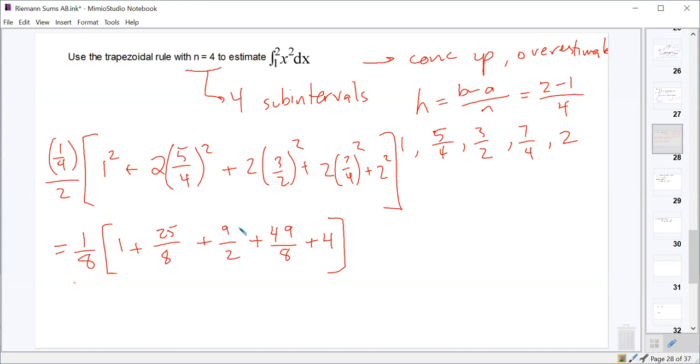We got 25 plus 36 plus 49 plus 8 plus 32. So what does that become? 150 eighths, and then times 1/8, 150 over 16, or 75 eighths. Hopefully I did that arithmetic right.